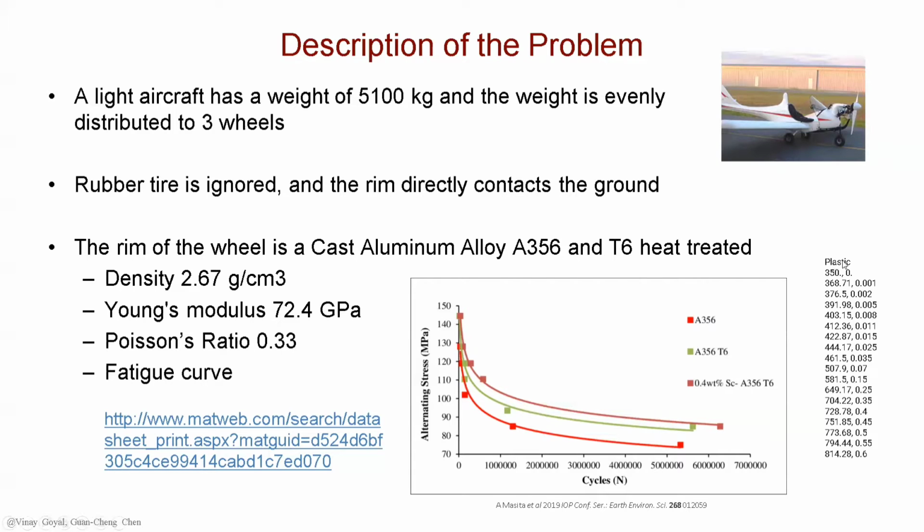On the right side, what you see is the information that can be provided to ABAQUS, the stress strain curve, and in here, what you see is the yield stress and the plastic strain corresponding to that.